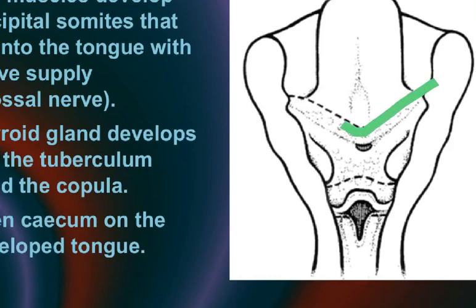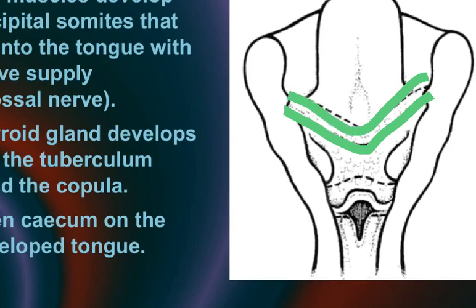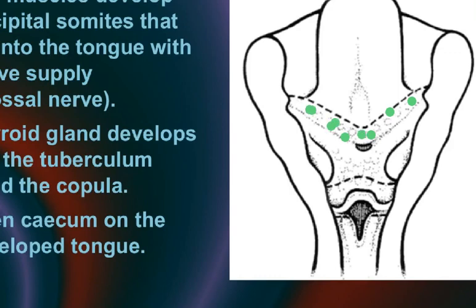Here I want to show something, that the embryological boundary between the anterior 2/3 and the posterior 1/3 is different from the anatomical boundary. This is the anatomical boundary, sulcus terminalis. This is the embryologic boundary. Between them, we have a dozen large papillae called circumvallate papillae.